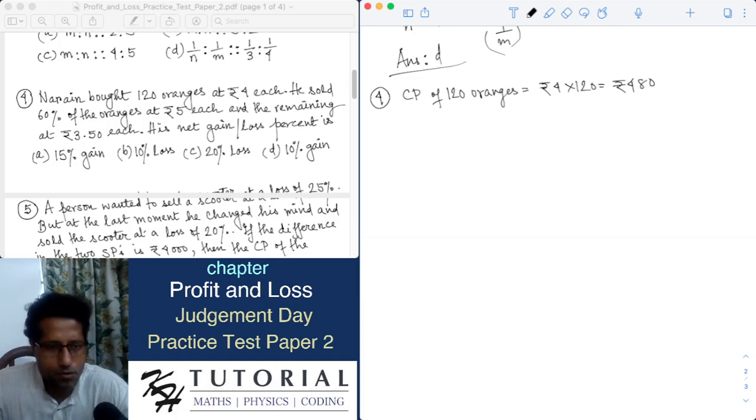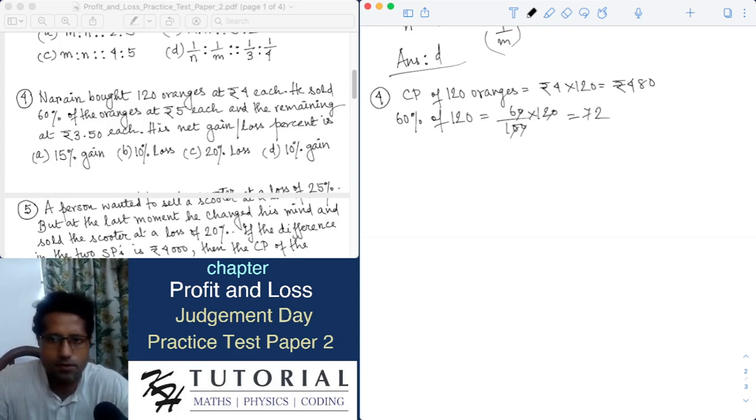Now, he sold 60% of the oranges. 60% of 120 equals 60 by 100 multiplied by 120. This is equal to 72 oranges.